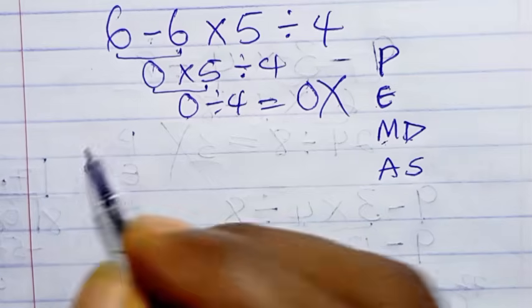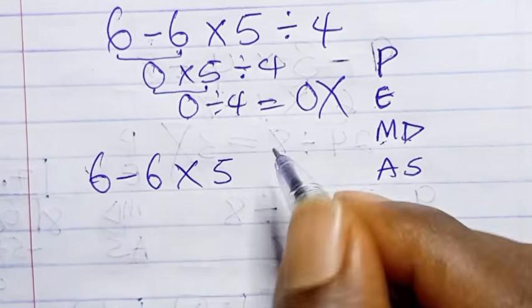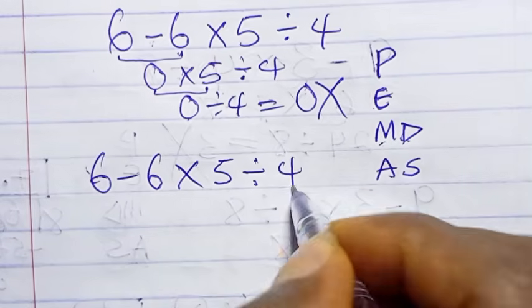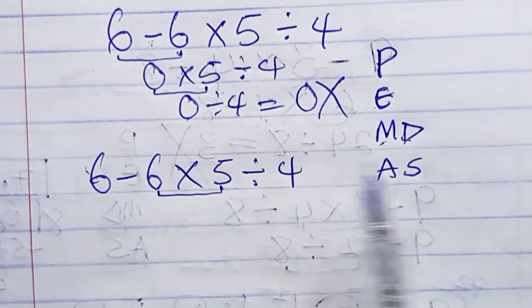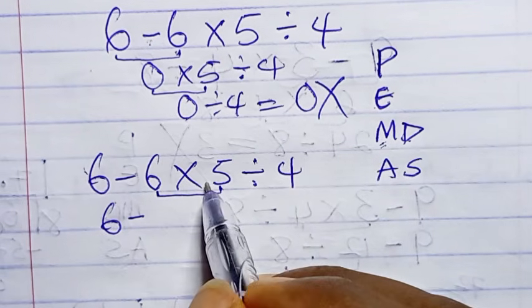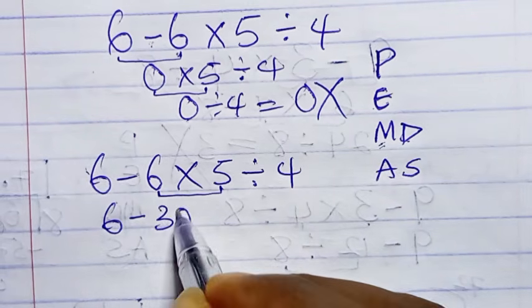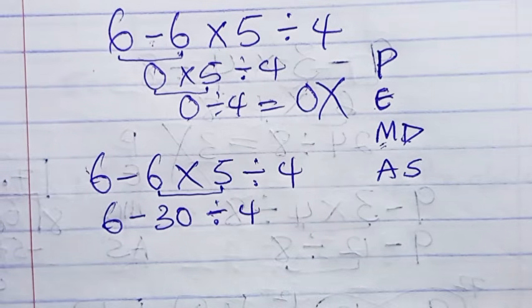So we have 6 minus 6 times 5 divided by 4. Now we are going to do this multiplication first because that's the rule of PEMDAS. So 6 times 5 will give us 30, divided by 4. Alright.